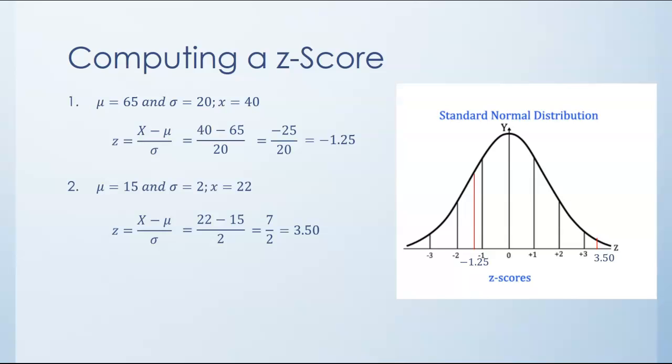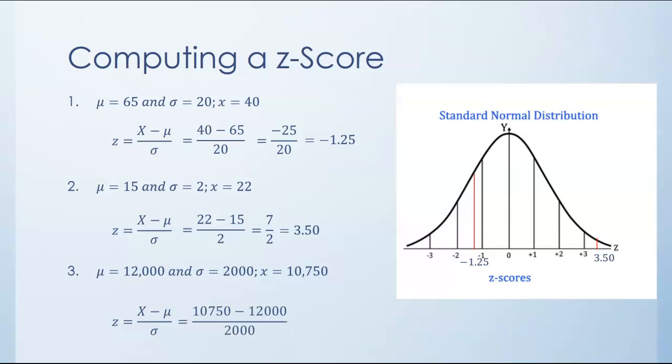And then I can use really big numbers, so we can say that my mean is 12,000, my standard deviation is 2,000, and I want to look at a point of 10,750. And the really cool thing is my z-score is going to convert that into something I can put on my standard normal distribution over here and compare to the other two we've already calculated. So again, we're just doing the x minus the mean divided by the standard deviation.